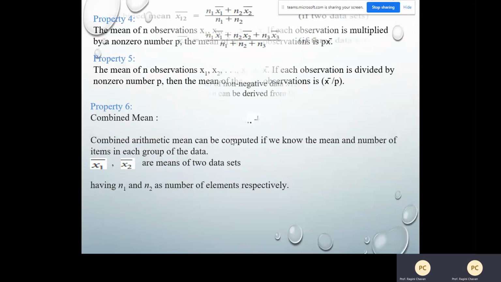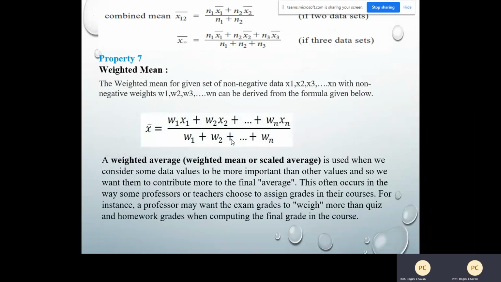So in that case, the combined mean formula is n1 x1 bar plus n2 x2 bar upon n1 plus n2. And suppose we are having three different series of observations. In that case, the combined mean formula is n1 x1 bar plus n2 x2 bar plus n3 x3 bar upon n1 plus n2 plus n3. So basically this combined mean is used when we are having more than one series of observations.